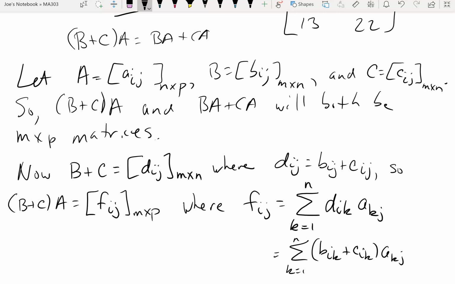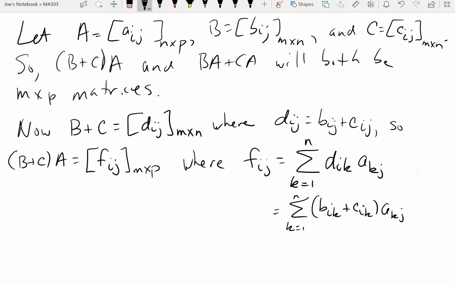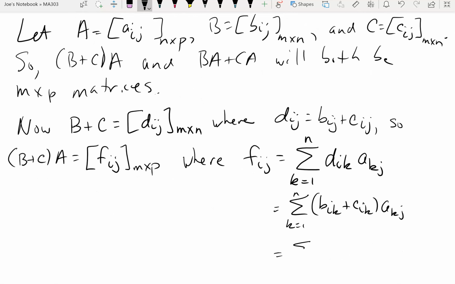Now, good news is that now that we're at this point, we're in the good old land of real numbers. Right? All these entries are real numbers, so I get to use your real number properties. What can I do with the A sub kj? Yeah, I can distribute it.